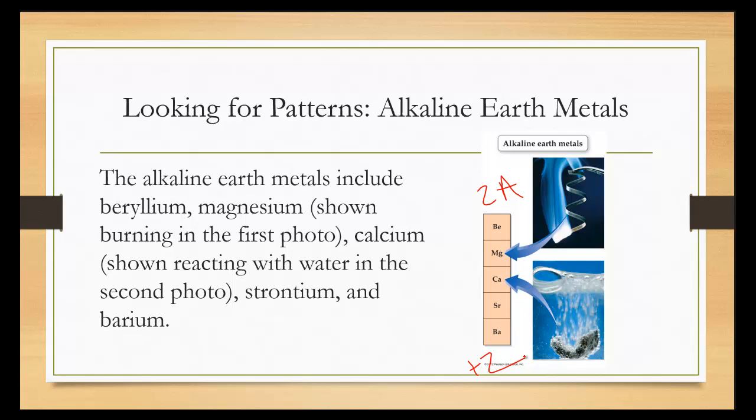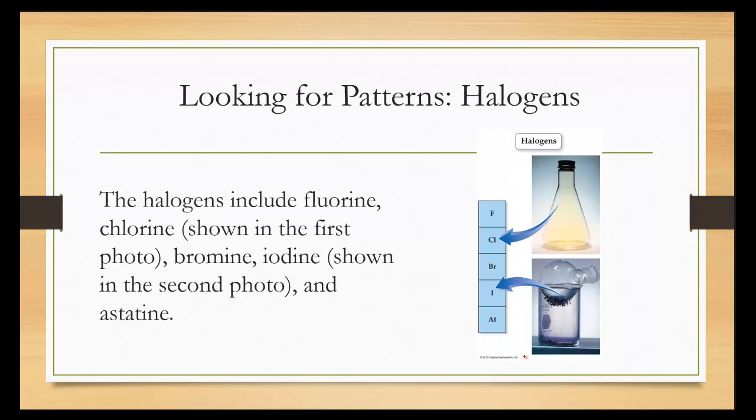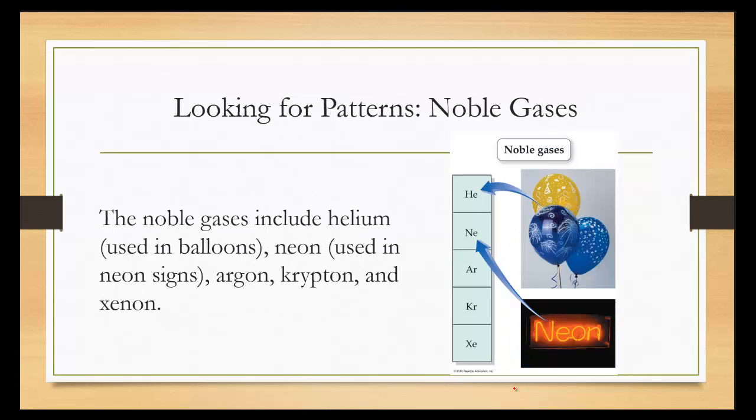Group 7A tend to gain 1 electron, making it a -1 charge when it reacts and forms ions. The halogens include fluorine, chlorine, bromine, iodine, and astatine. And finally, the noble gases are group 8A, which include helium, neon, argon, krypton, and xenon.